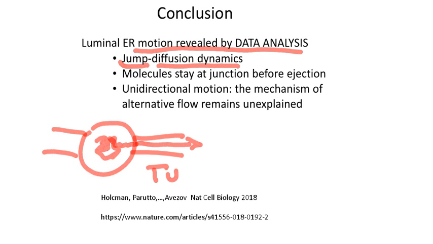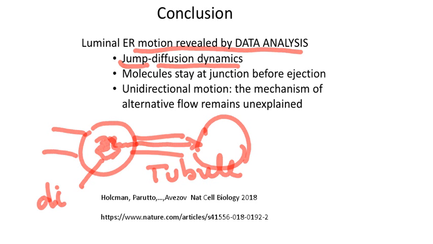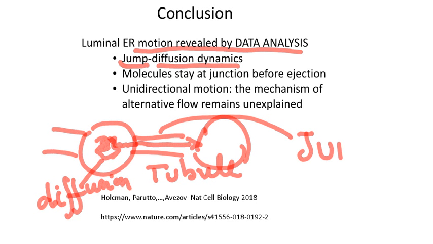So here we have the tubules. The motion is going to shoot to the next node very quickly. So while here we have this restricted, confined diffusion, and here we have this fast jump. So the molecule stays at the junction before ejection.